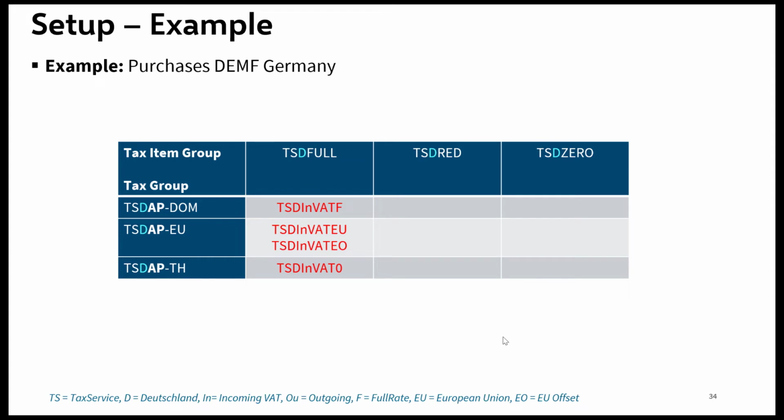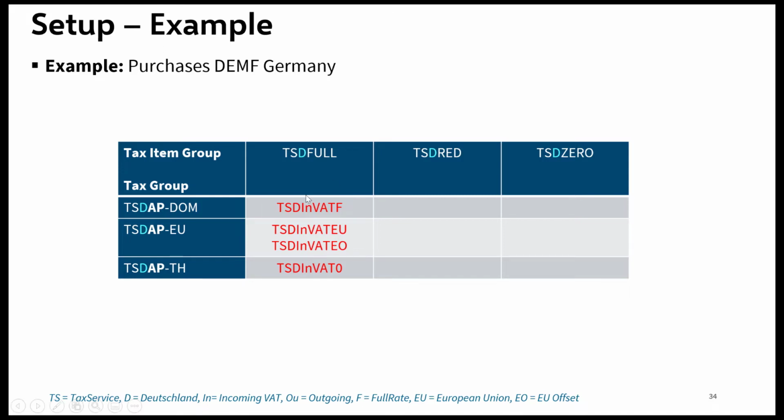If we put this in the form of a tax matrix, then we have here tax service D for Deutschland. In a later post I will try to use this for Belgium and the Netherlands. And then we have AP DOM for domestic vendors, EU and third country vendors. And in my case I just have the full tax rate applied.